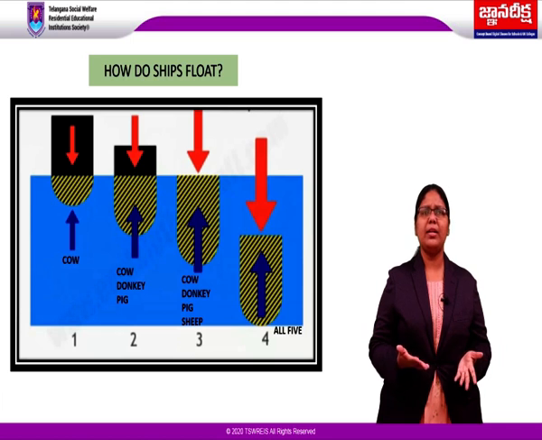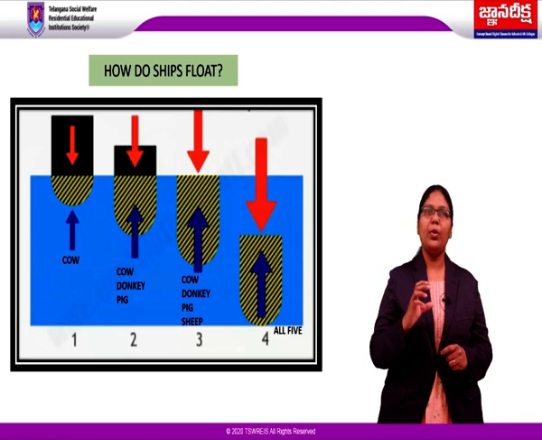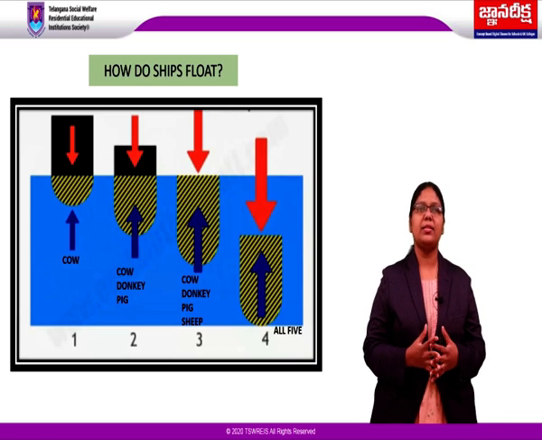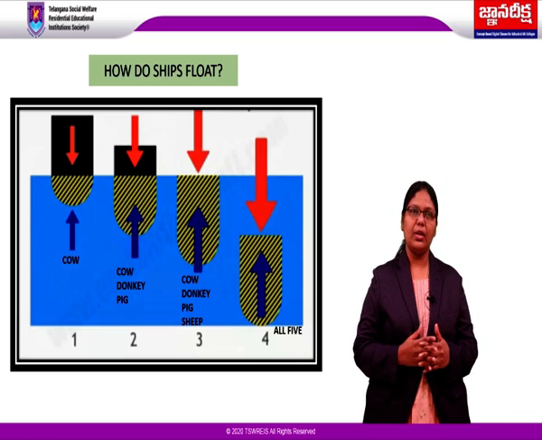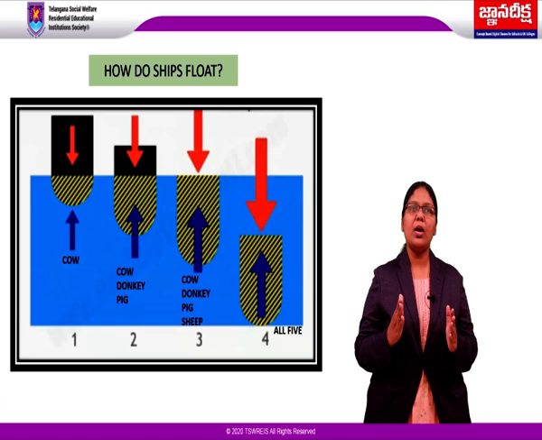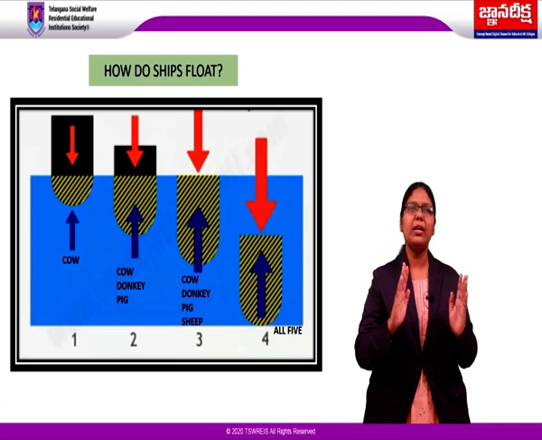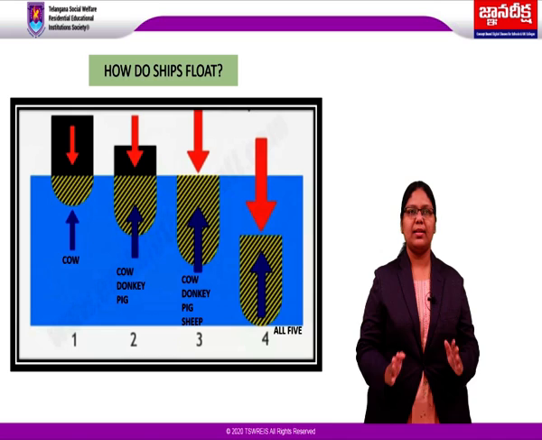The weight has increased a bit, but when the boat went a little deeper, the water entered the boat, increasing its weight. Now the buoyant force could not adjust itself and is unable to produce the upthrust to counterbalance the weight of all animals together, and it has sunk.